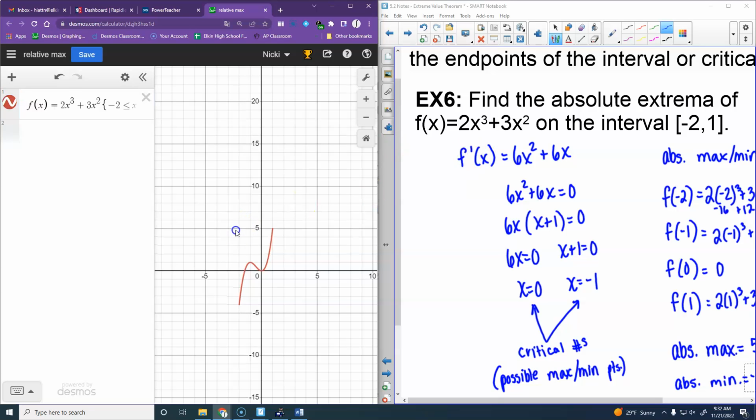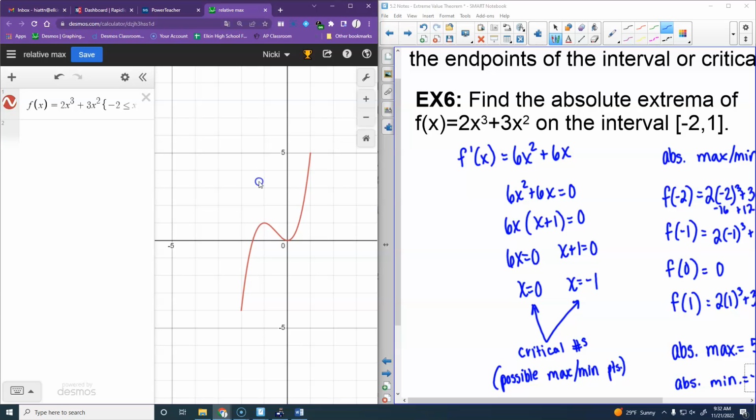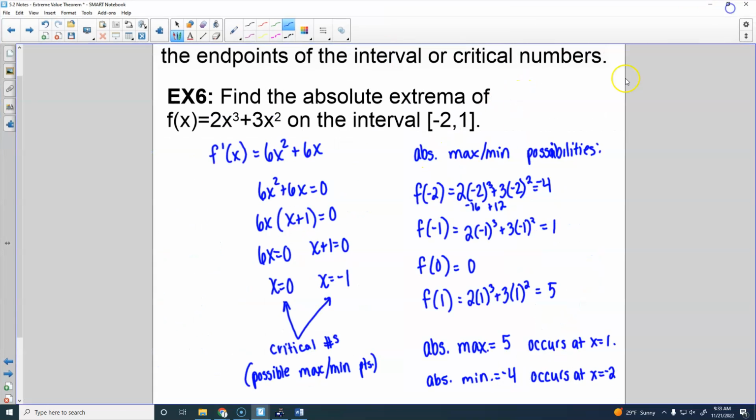If I graph it, this is what I'm looking at, and you can pretty clearly see that those endpoints are going to be your highest and your lowest points. But these are typically going to be calculator inactive, so you wouldn't be able to graph those.